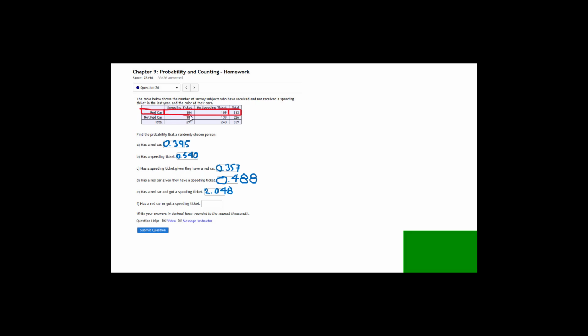We're looking at these two particular fields, and I'm not quite understanding how to handle this particular problem. It says has a red car, which I know is 213 people, but in this case the question is, or got a speeding ticket.